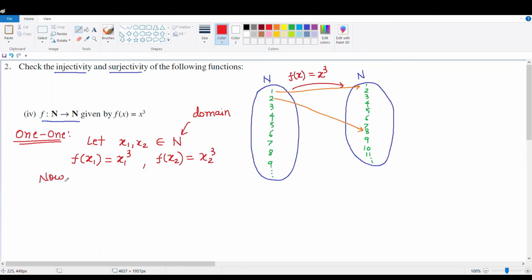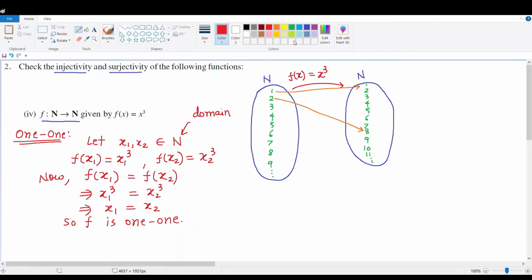Now, assume that the output of f of x1 is the same as the output of f of x2. F of x1 was x1 cube and f of x2 was x2 cube. This only happens when x1 is equal to x2. Since the outputs are the same only when the values are exactly the same, you have proved that the function f is one-one.